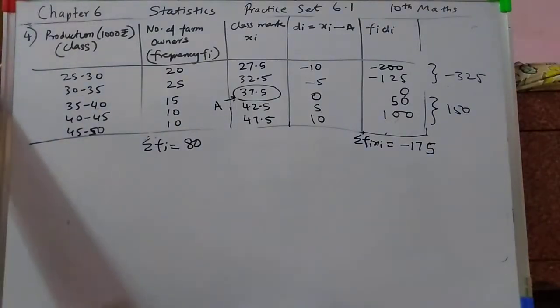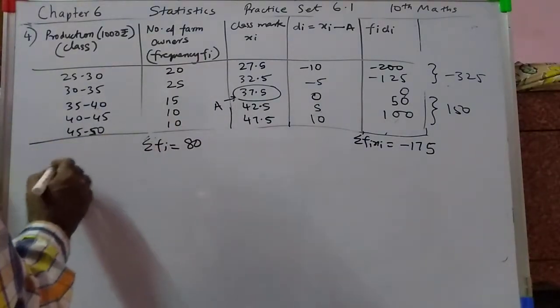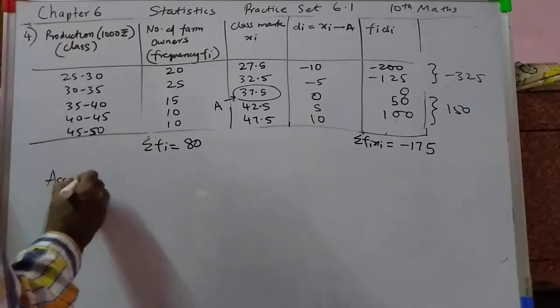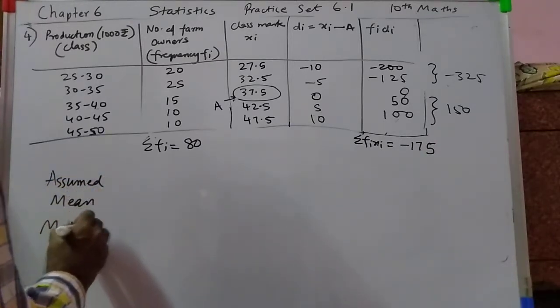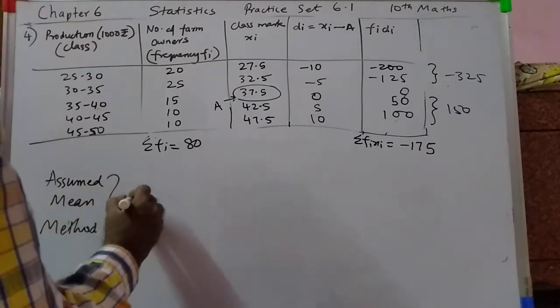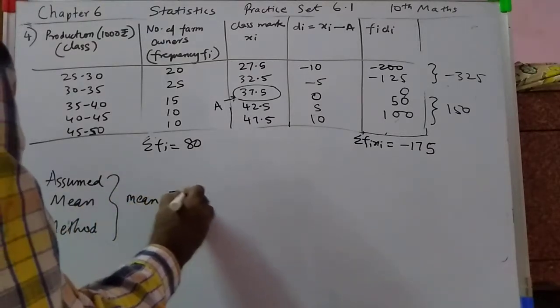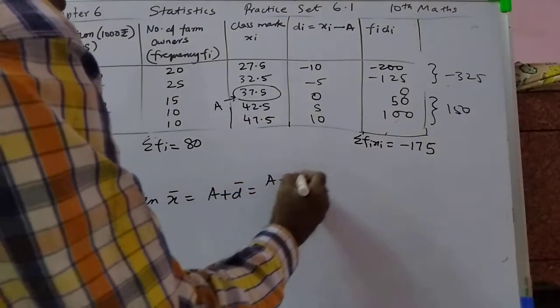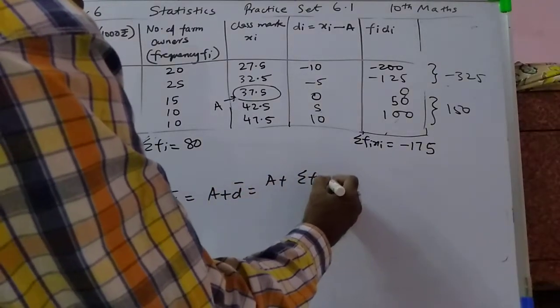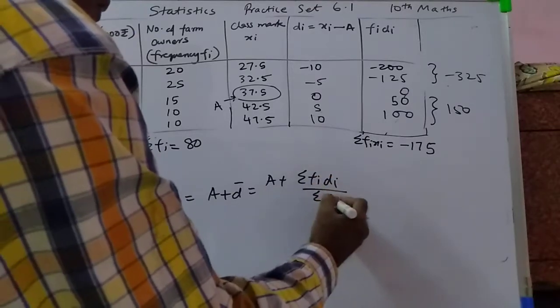Now let's write the formula for the assumed mean method: x bar is equal to A plus d bar, that is A plus summation of fi di upon summation of fi.